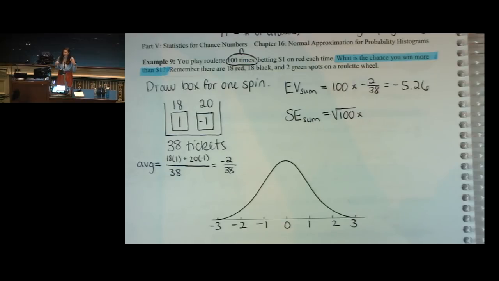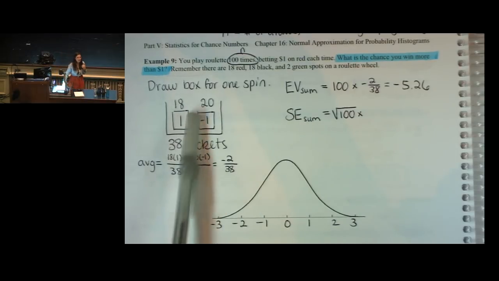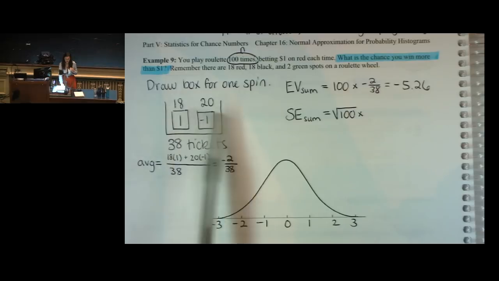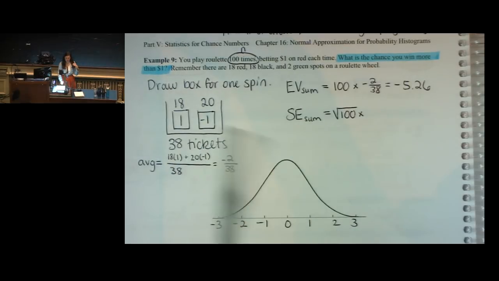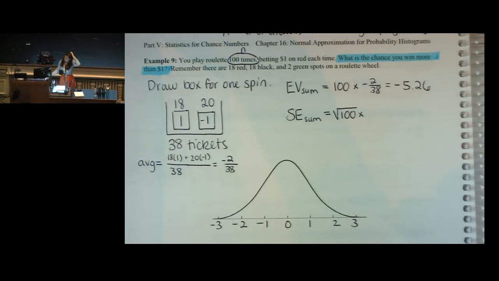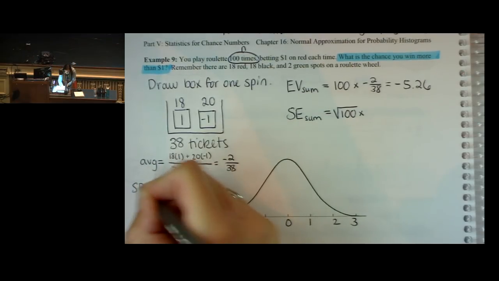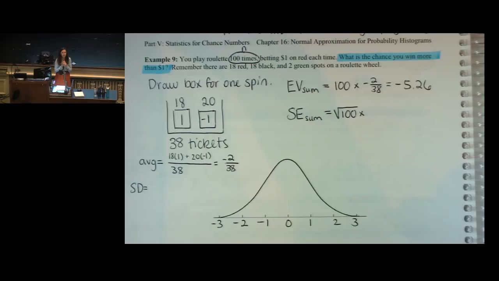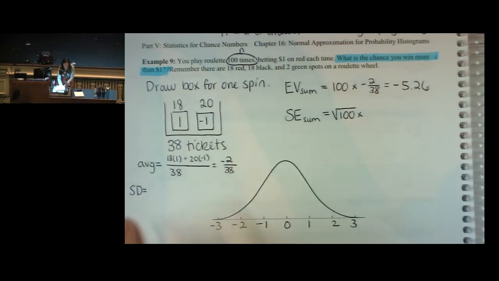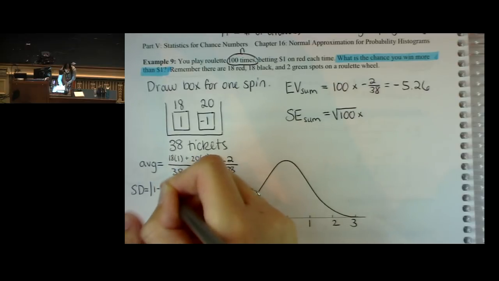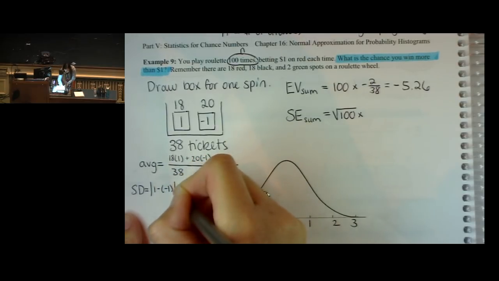And here, I don't have the SD, but I can find it, right? Because there's only 2 types of tickets, just ones and negative ones. So I can find this using the shortcut formula. The SD shortcut formula is just the absolute value of A minus B. So A and B are 1 minus -1.